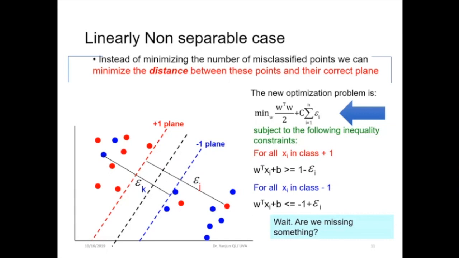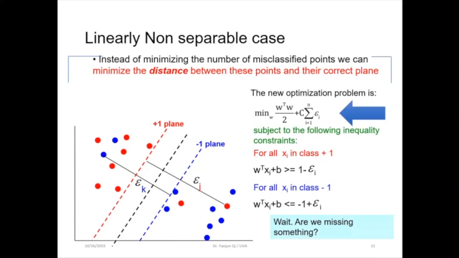If the point is positive class, I want to guarantee that W transpose x_i plus b, this is supposed to be on the positive, left side, right? Each point's prediction should be larger than or equal to 1 with a little bit of noise.